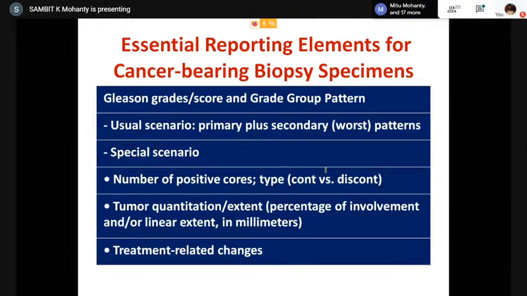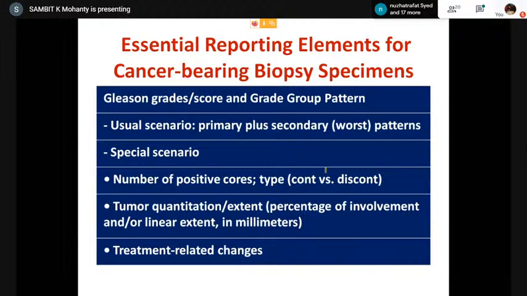Suppose I have a 1.5 centimeter core with both the ends involved, 2 millimeter and 2 millimeter. So I write in a different way. There are 2 foci of prostatic acinar adenocarcinoma present discontinuously at both the ends, or at 2 different areas in a biopsy, in a 1.5 centimeter core, 1.2 centimeter distant from each other.